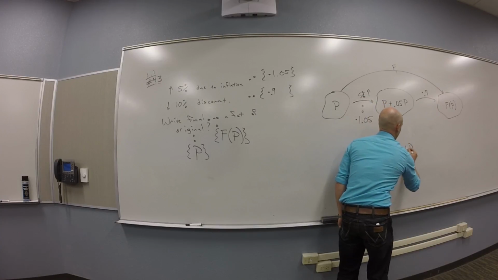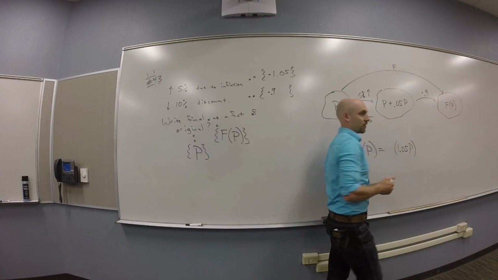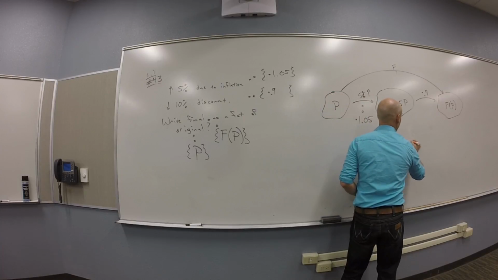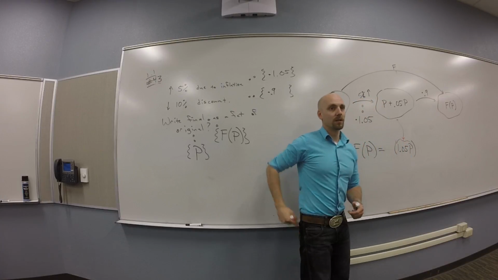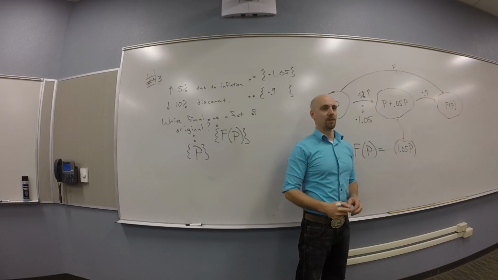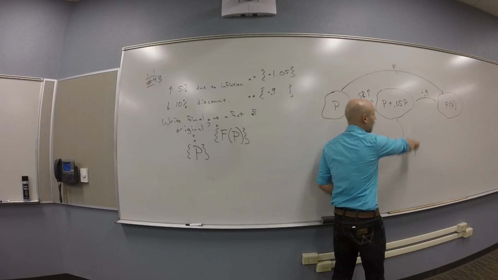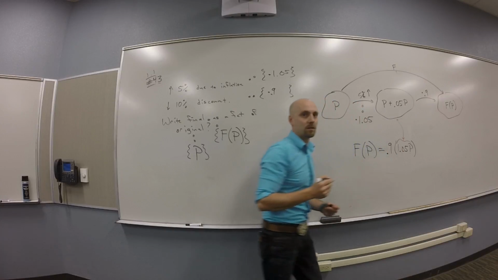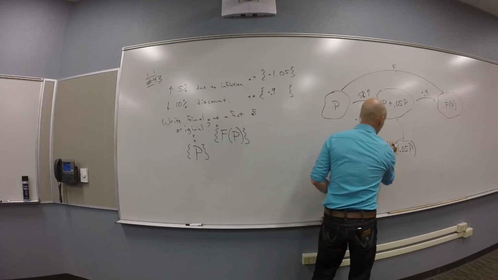So I get 1.05p, right? That's one of these intermediate guys. Then what's the second thing you do to this? Times by 0.9. You take this whole thing and now you need to multiply by 0.9.